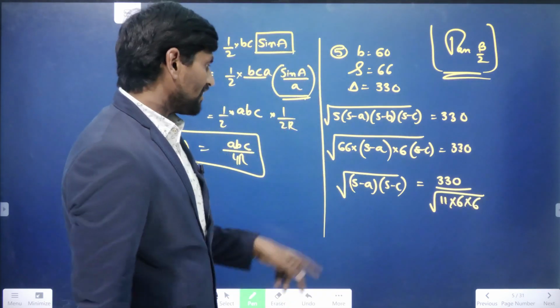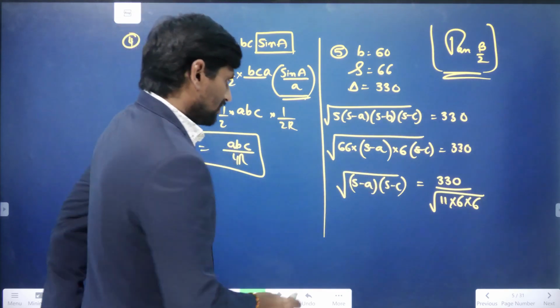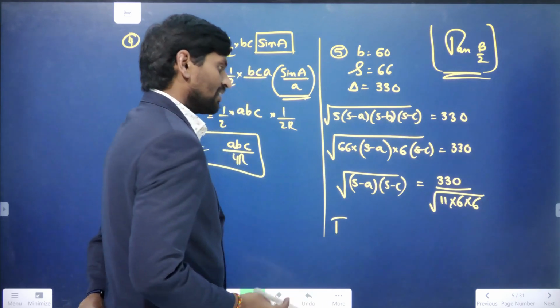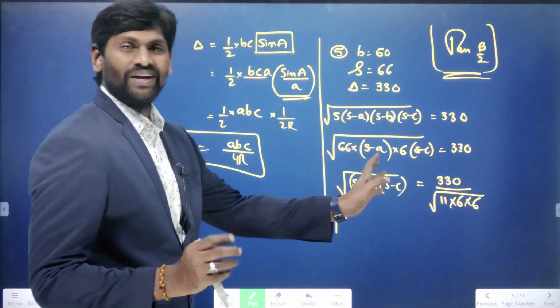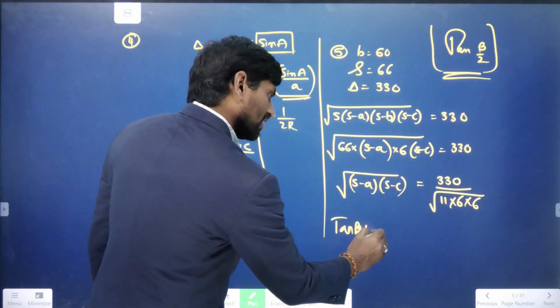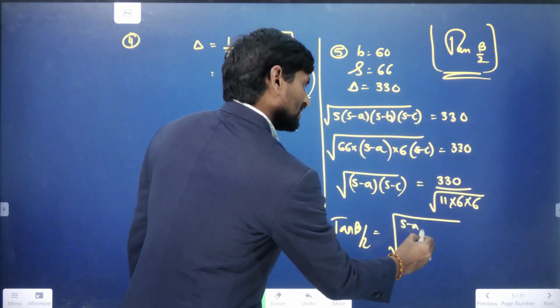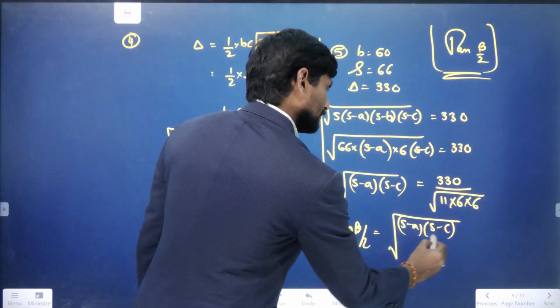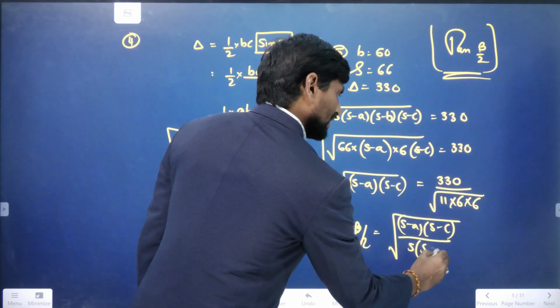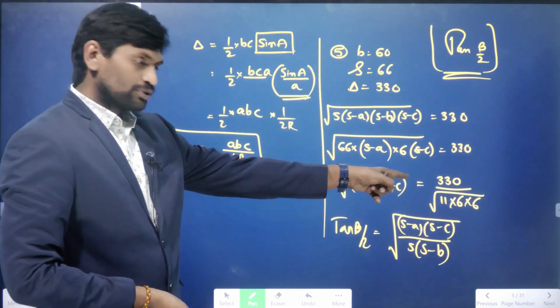This is the value of root over S minus A into S minus C. Now I am writing the tan B by 2 formula. Tan B by 2 only we need to find. Tan B by 2 formula is root over S minus A into S minus C by S into S minus B. Okay? Now I am trying to substitute the values here.